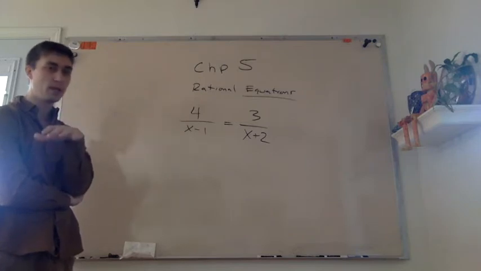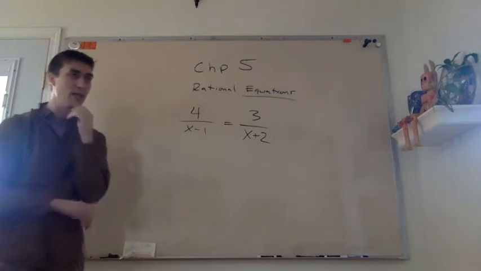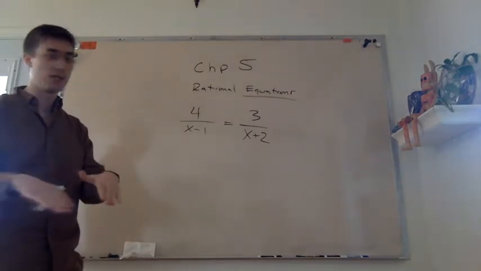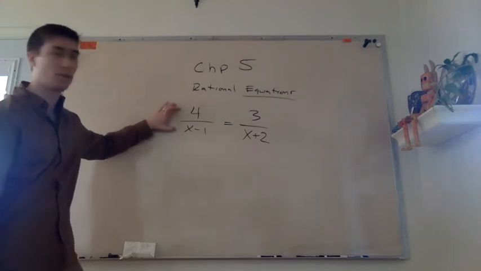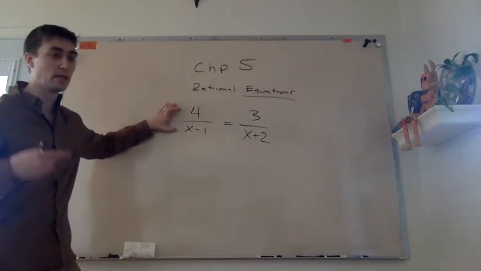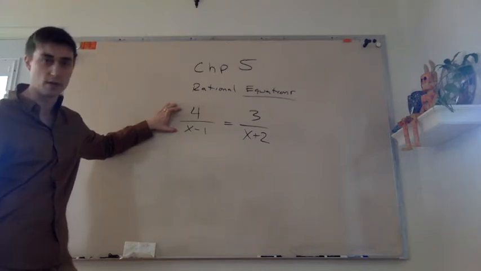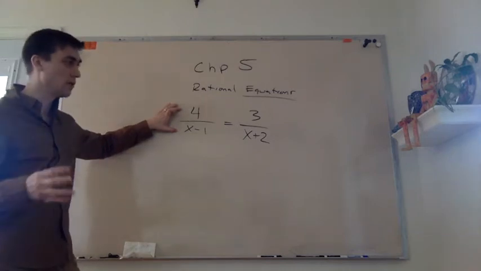The point here that I would really like to make, the big picture, is how do you solve these types of equations? It's different than how you would solve another type of equation, like a quadratic equation or a linear equation.